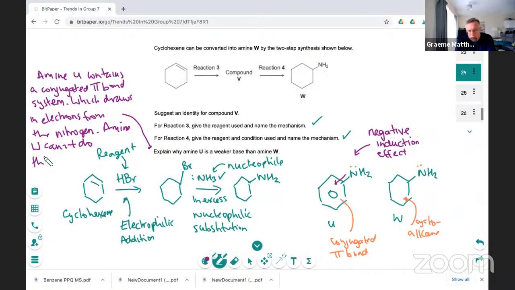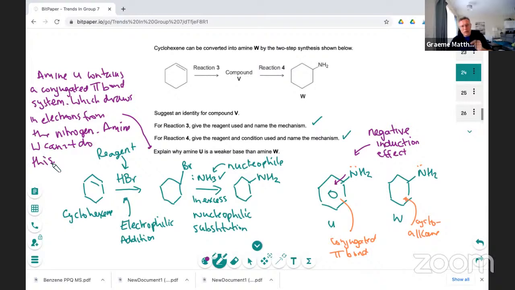Now, when you answer these type of questions, chemists, you just don't state the fact. First off, you have to state the fact, number one, and then do the comparison, number two. And then for the last point, you need to say the reason why you say what you say. So yes, amine U has a conjugated pi bond system, fact. Amine W doesn't. That's one point.